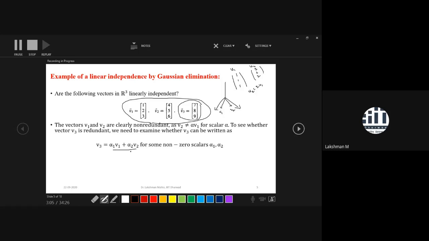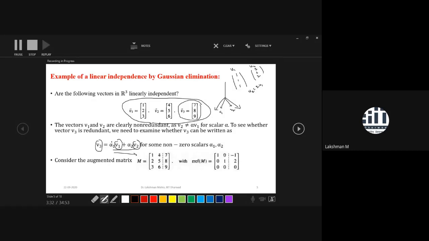So if you look at this one, what is here? V1 is given, V2 is given, and V3 is also given. So what is it talking about? It is talking about a system of non-homogeneous equations. We can write this as an augmented matrix this way.